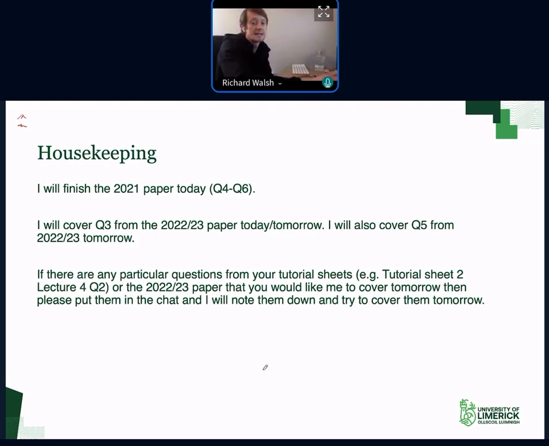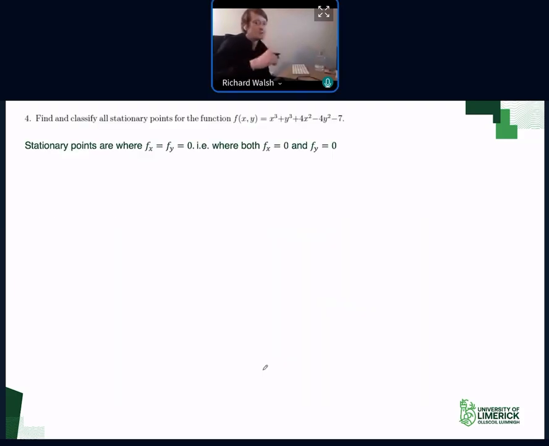We'll get started today with question 4 in 2021. Question 4 asks, find and classify all stationary points for the function, and you were given a function. Stationary points are where, just briefly, the first partial derivative of the function with respect to x, treating any other variable like a constant, and the first partial derivative of the function with respect to y, treating x as a constant, both equal 0.